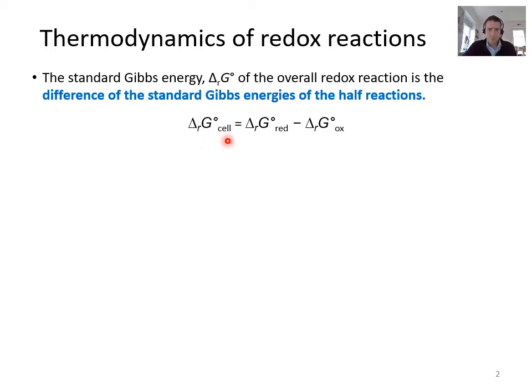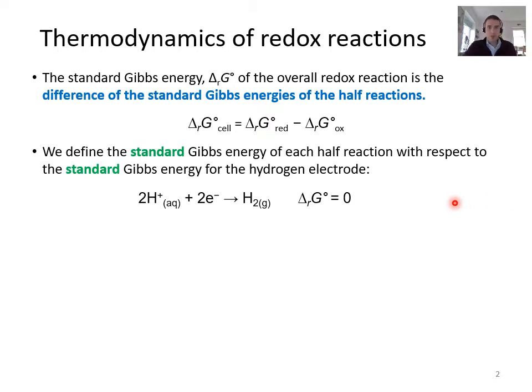Now the key point for a redox reaction is we can calculate that when we consider the standard Gibbs energies of the individual half reactions. So this is the one for the process by which the species are being reduced, and this is the one where the species is being oxidized. And obviously we've got some examples of that from the previous lecture already.